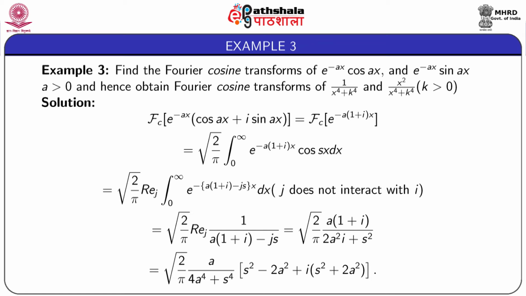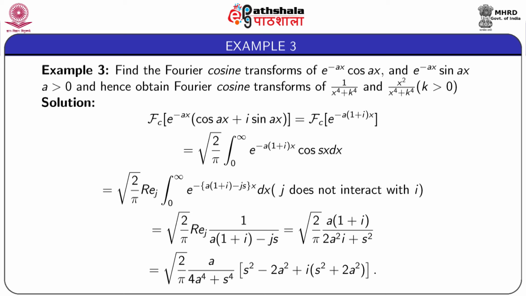So, that we can write the Fourier cosine transform of e to the power minus ax (cos ax plus i sin ax) as root over 2 by pi real part with respect to j of the integral 0 to infinity e to the power minus (a(1 plus i) minus js)x dx.